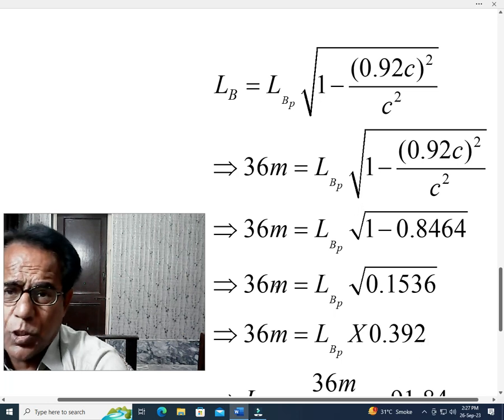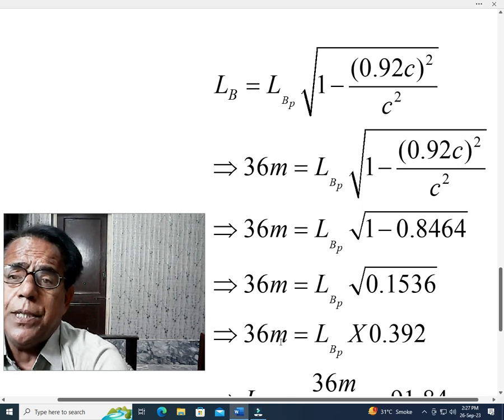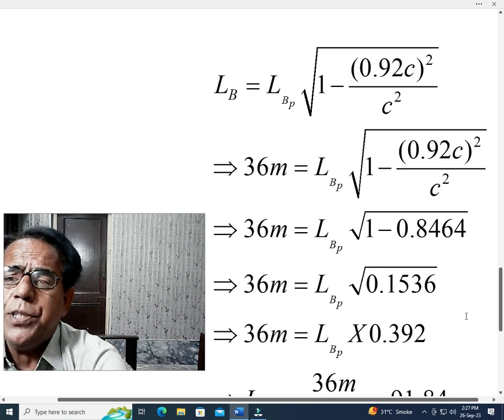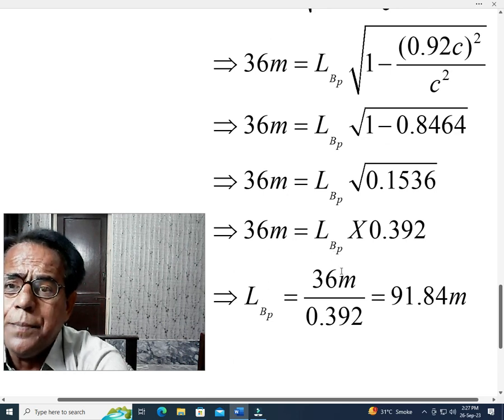So this implies that 36 meters is equal to the proper length of B into 0.392. From here, the proper length of B becomes equal to 36 meters divided by 0.392.